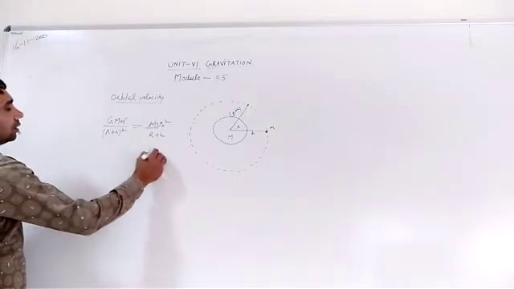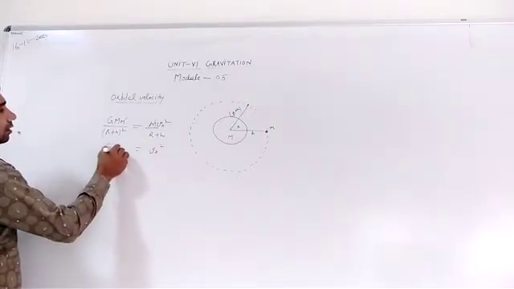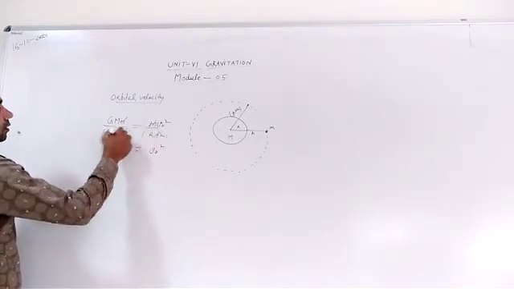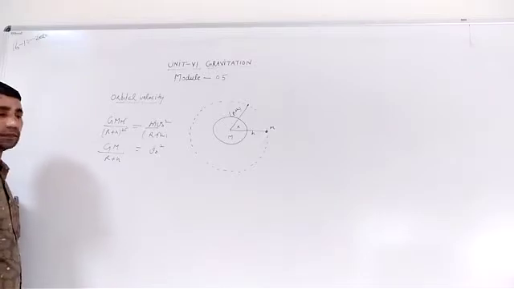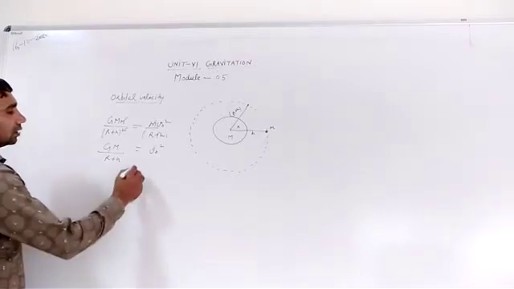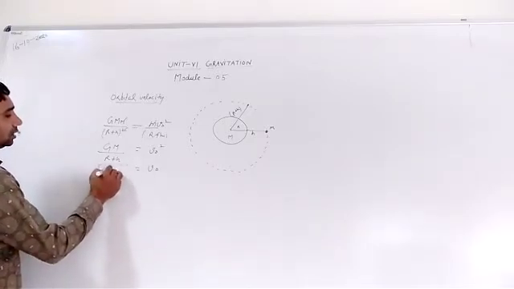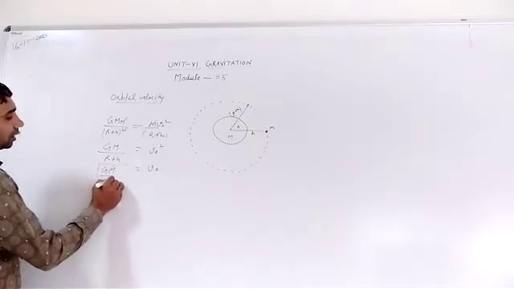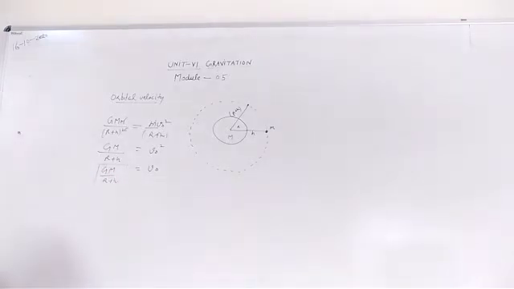V naught square is equal to GM divided by (R plus h). Therefore, V naught is equal to under the root GM divided by (R plus h). This is the orbital velocity.